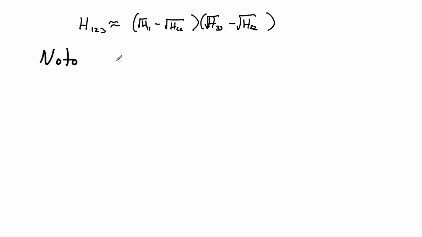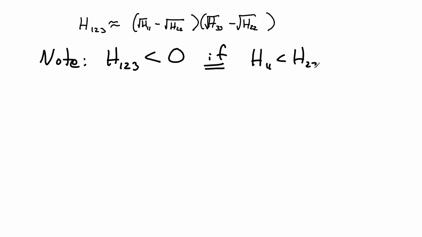So when will this be negative? We can see that H123 will be negative, in other words, a repulsive interaction, if there's one of two conditions. If H22, the solvent's Hamaker constant, is less than H33 but greater than H11, or if the reverse is true.